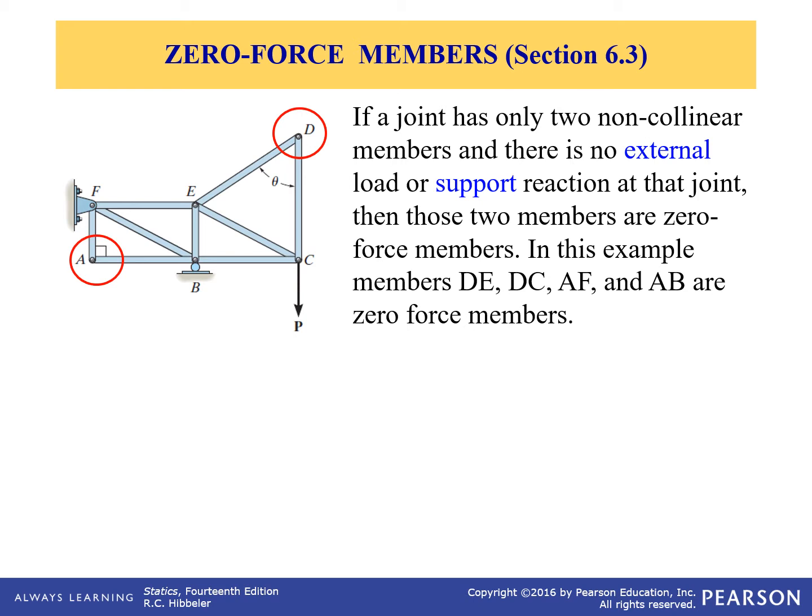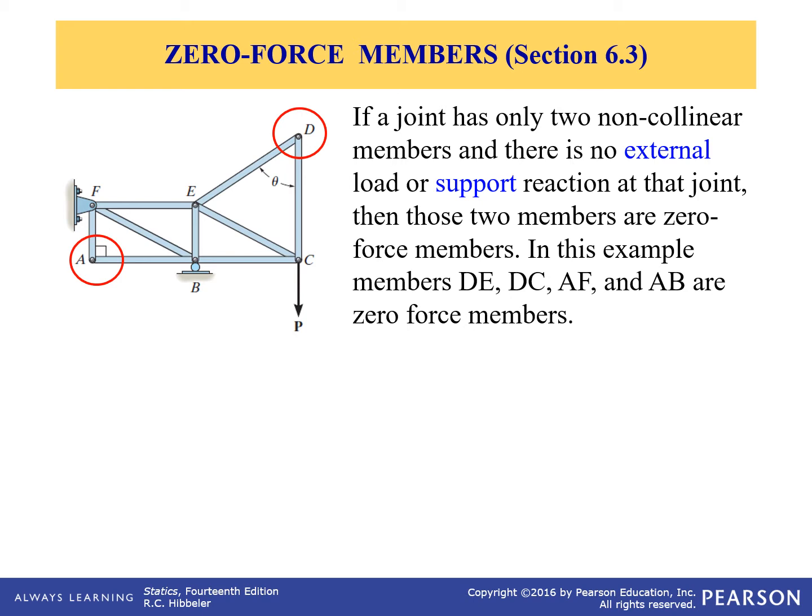So if you look at point A, you see that AF goes completely in the y direction, and AB goes completely in the x direction. Since there is nothing on the other side to get rid of the x piece, and nothing on the other side to get rid of the y piece, AF and AB must be zero force members.